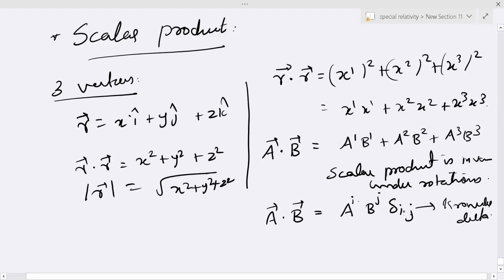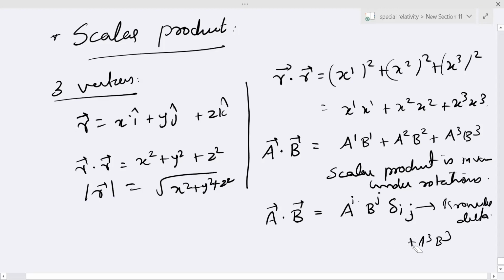If you sum this up, if you take i and j as 1, you get a1 b1 delta 1 1. And if you take j as 2, a1 b2 delta 1 2 would be 0. So the only non-zero terms that survive are a1 b1 plus a2 b2 plus a3 b3. Is it okay writing it like this?